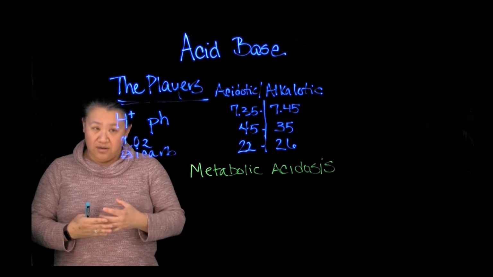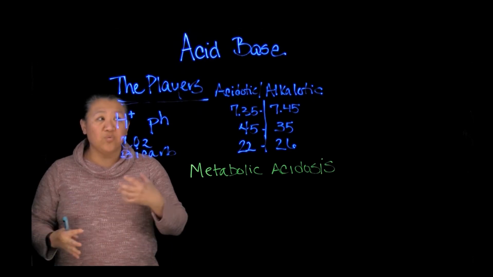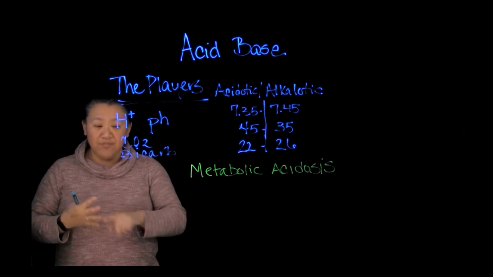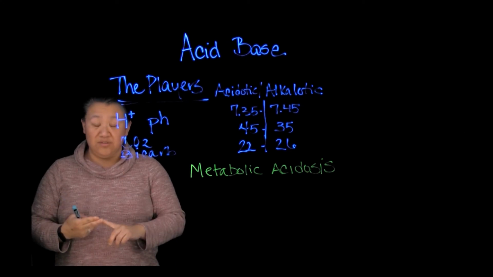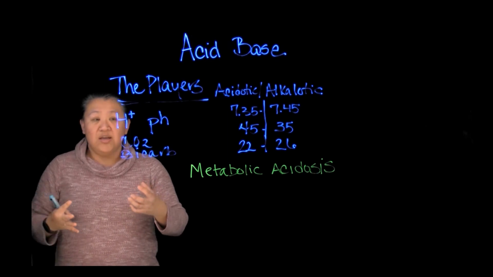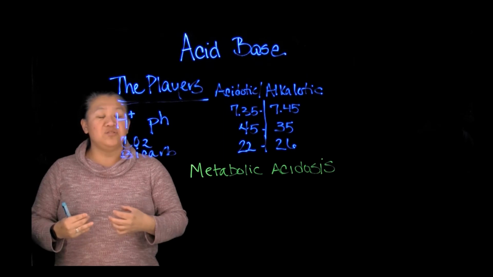Now, a couple other things to understand is that you have players that regulate acid-base. Primarily, you've got buffers, but then you also have your kidneys and your respiratory system that govern the compensation. For example, if it's a CO2 problem, usually your lungs are the issue.